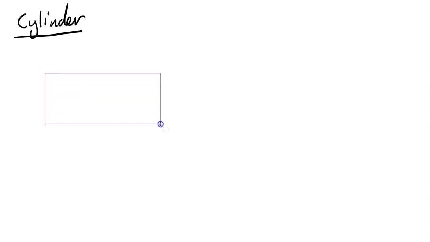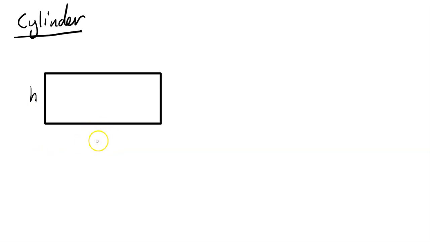A cylinder. If you have a plane, let's say that this side is h long, and this has some length here.